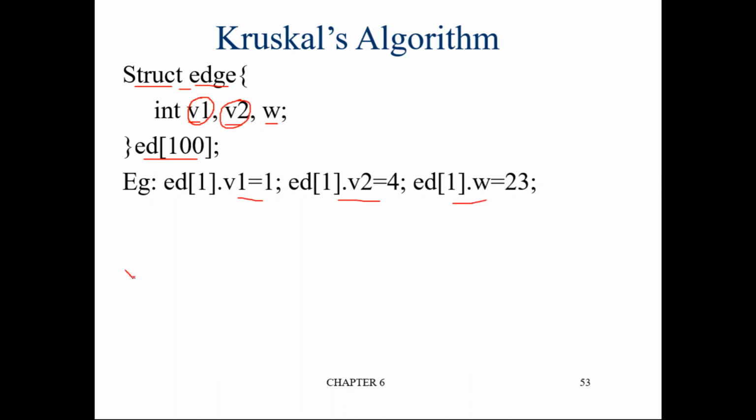It means there are two vertices v1 and v2, there is an edge between v1 and v2, and the weight of this edge is 23. That is the meaning. So if you want to specify that there is an edge between two vertices v1 and v2 and its weight is 23, in a program we can specify it like this through a structure.